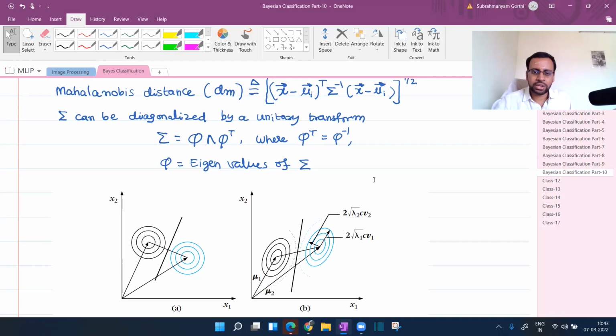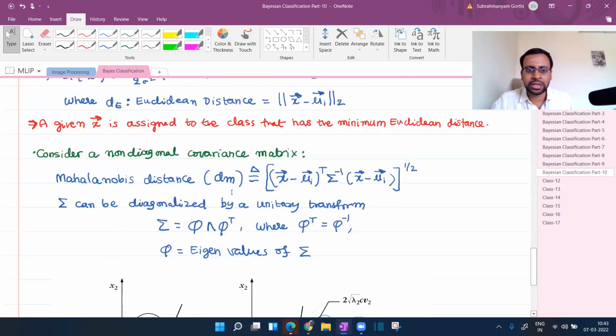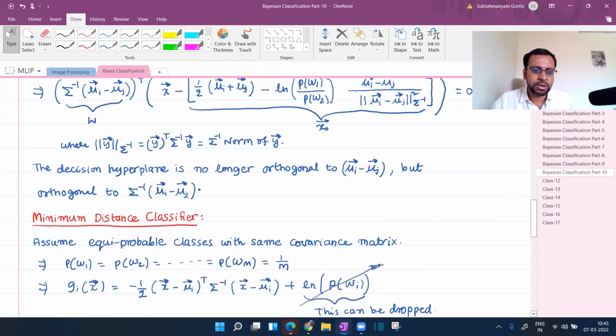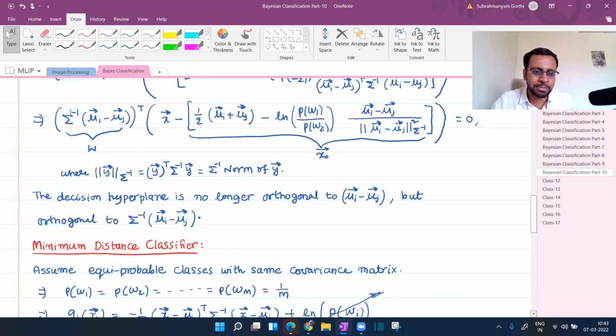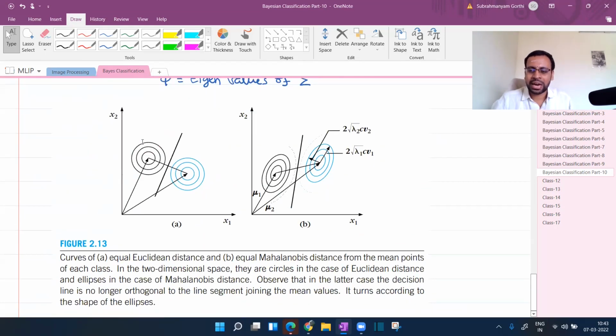What would happen is, this will not be any more perpendicular. This is already clear, because it is not simply mu1 minus mu2, but sigma inverse into mu1 minus mu2 to which it is perpendicular. And that space, you could look at it in a different way, and you would realize that you would be getting ellipses here.